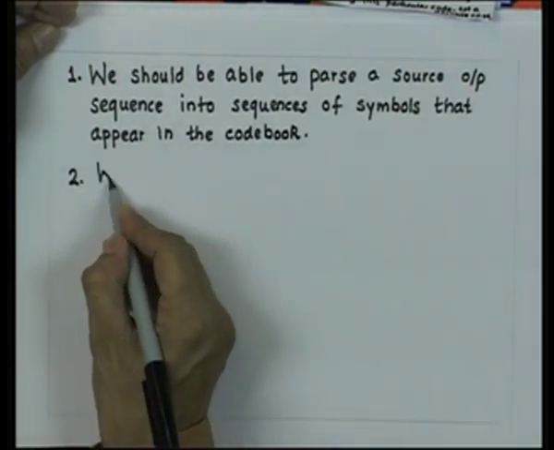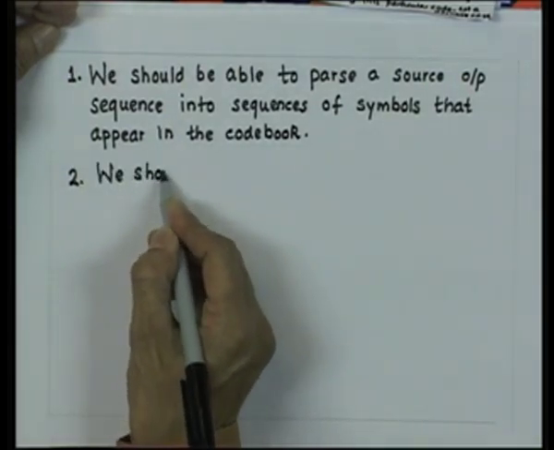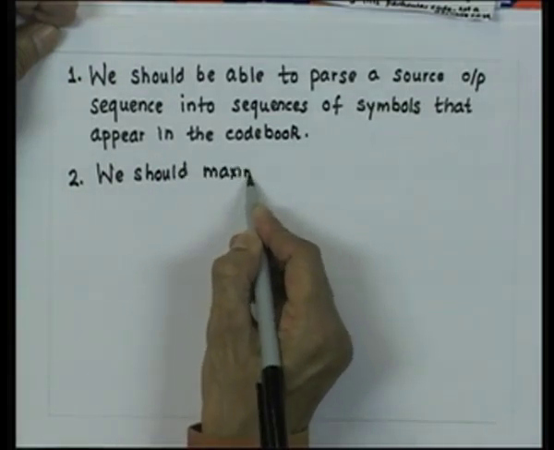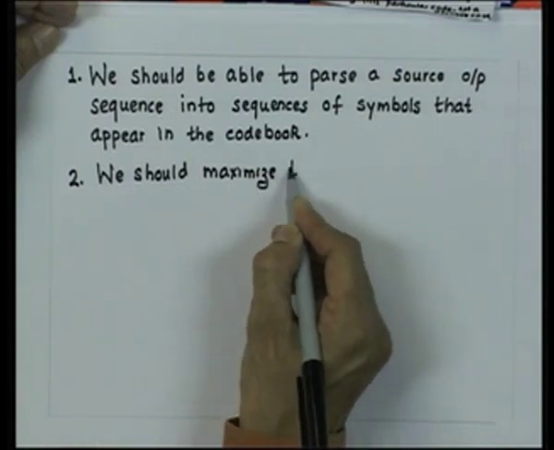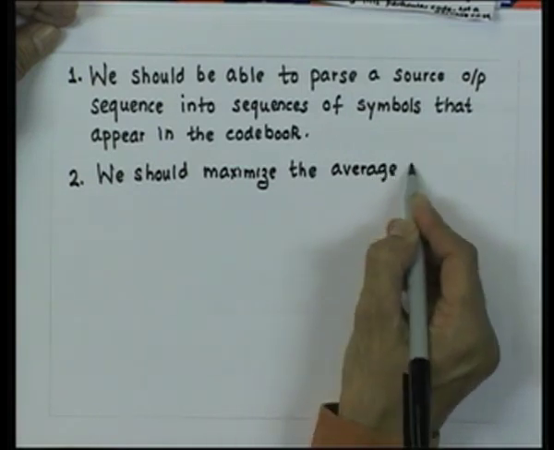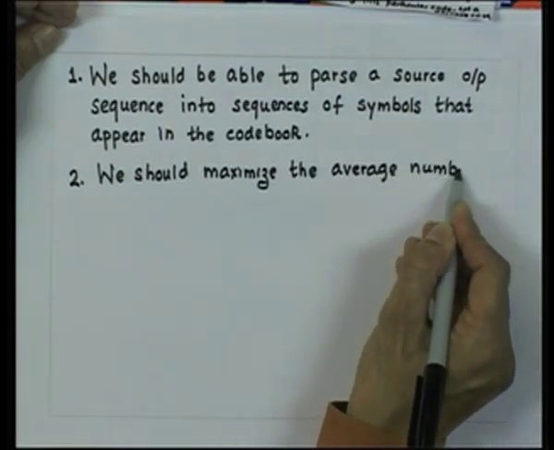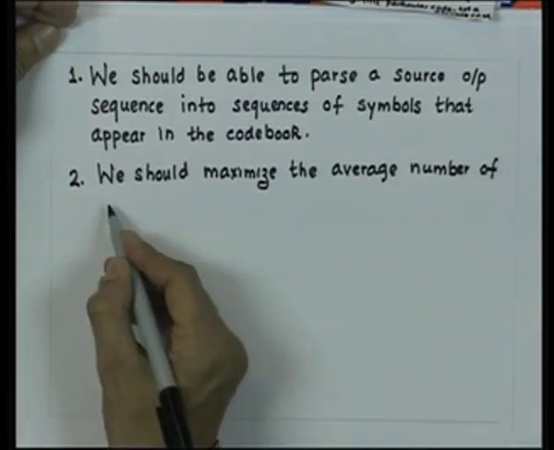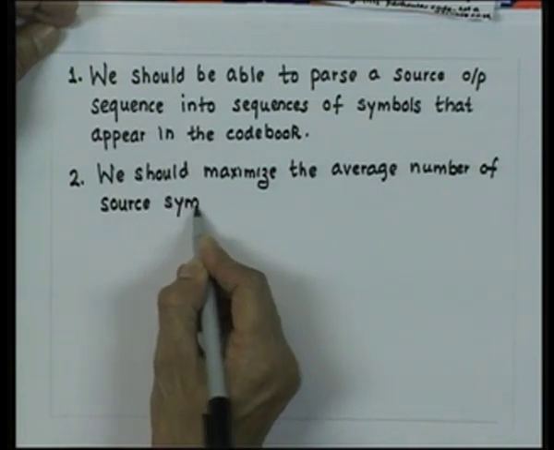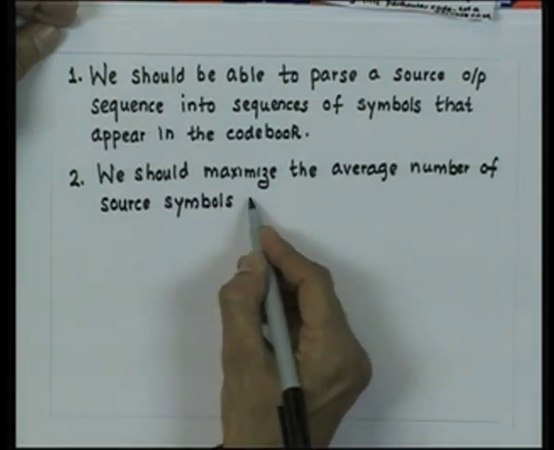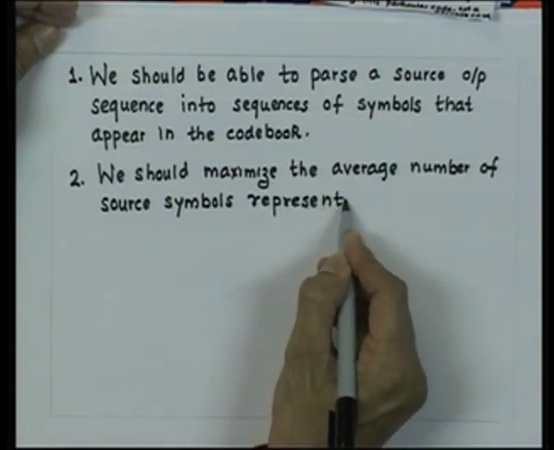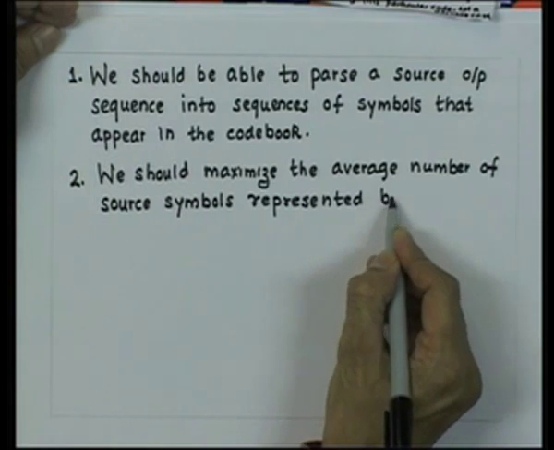Second, we should maximize the average number of source symbols represented by each code word.